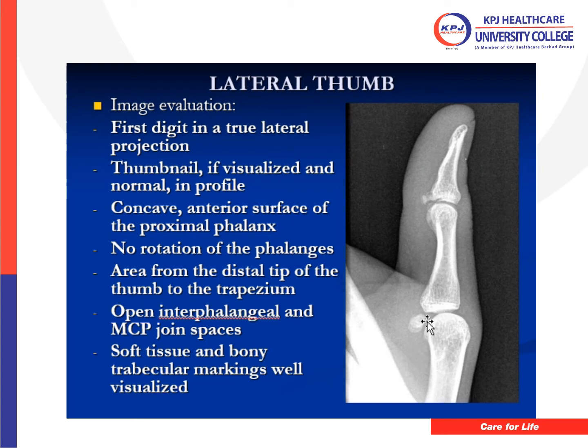Bony trabecular marking is the one inside the bone itself. Cortical outline is the white one. The marking is inside the bone. The bony trabecular pattern is the same.